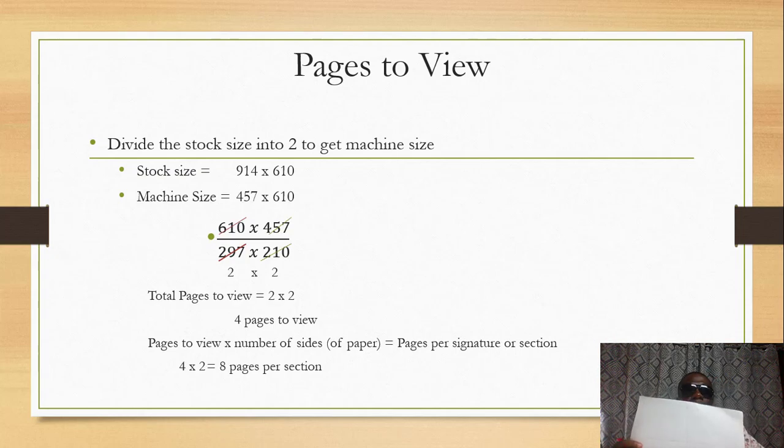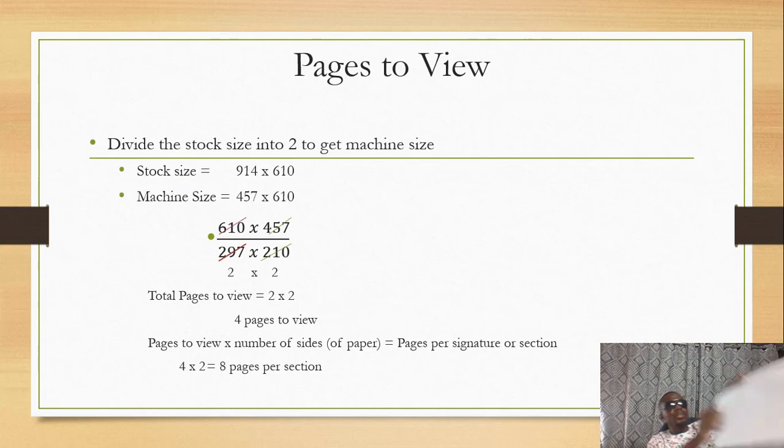To get the total number of pages within a set is the number of pages we can view times the number of sides, because we are going to see the same number of pages at the back. So this is the back, and this is the front.